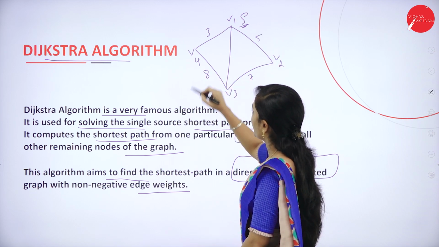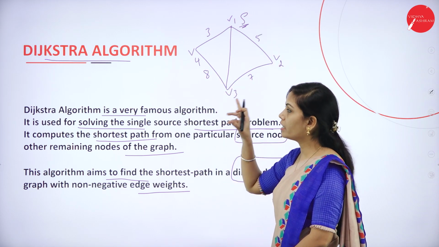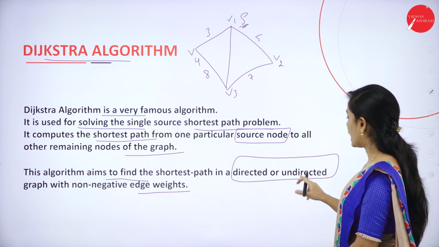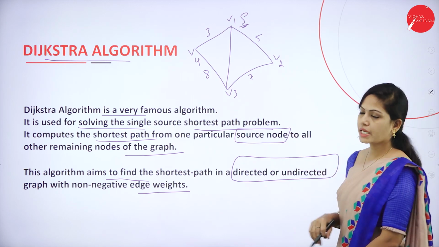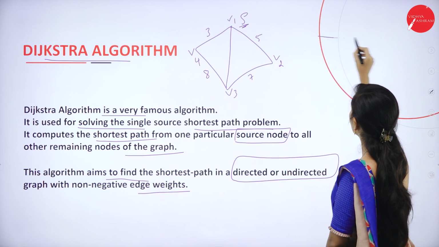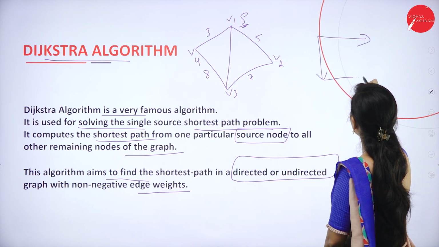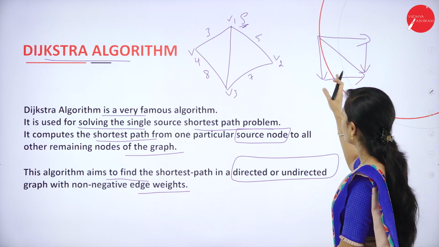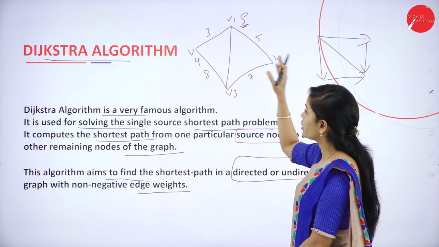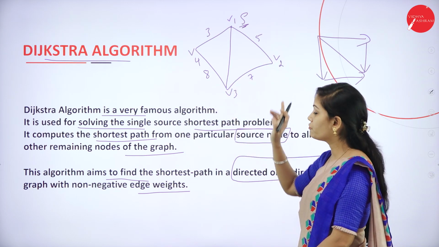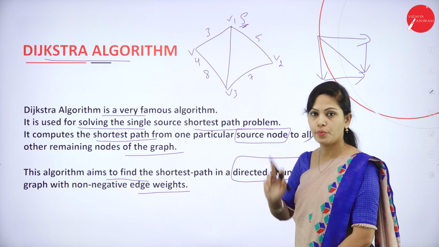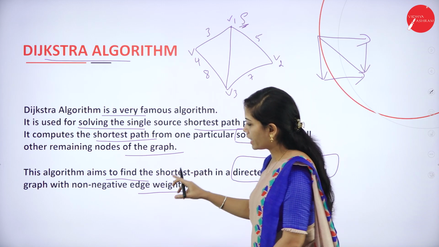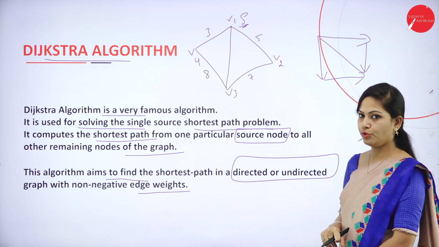All the edge weights should be positive in Dijkstra's algorithm, and it can be applied only for directed and undirected graphs with positive edge weights.